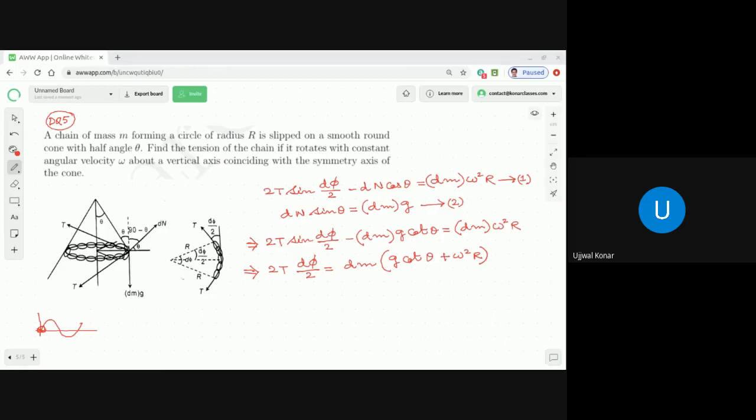So that means T into d phi is equal to dm into g cot theta plus omega square into r.